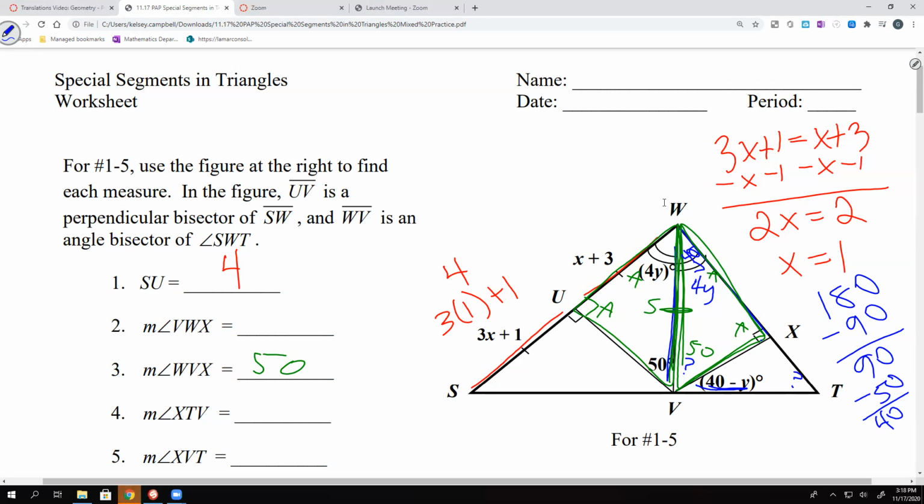So that 40 is the VWX. Wait, didn't you say that 4y was equal to 40? I didn't say 4y and the 40 minus y are equal. Those are not equal. The two 4y's up at the top, those are congruent.